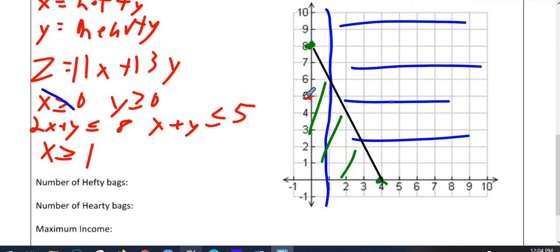It's going to be 5. Like here, here. Remember, actually, it's going to be here.